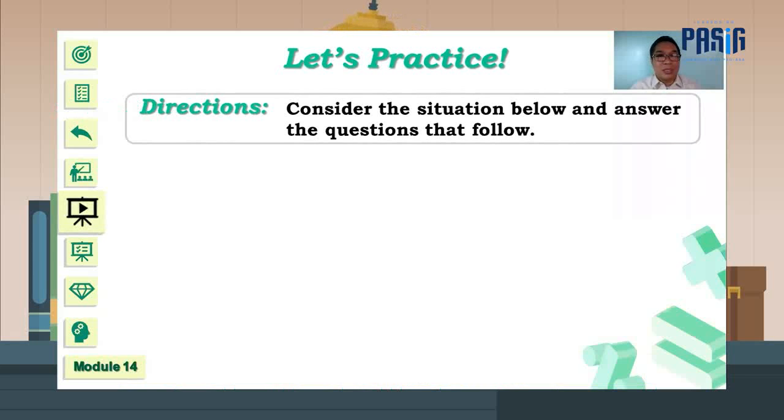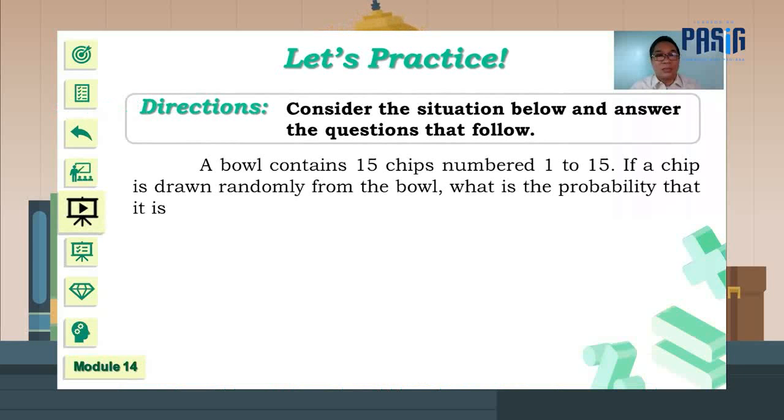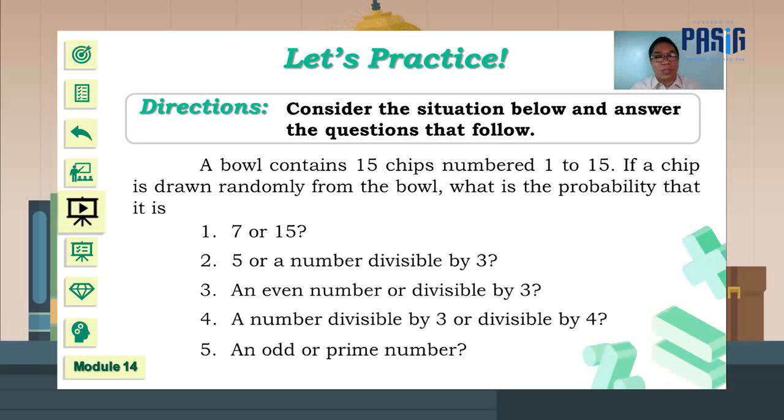The direction is to consider the situation below and answer the questions that follow. Again, you may pause the video at each question, read and understand the question carefully, then click to proceed to the next number.